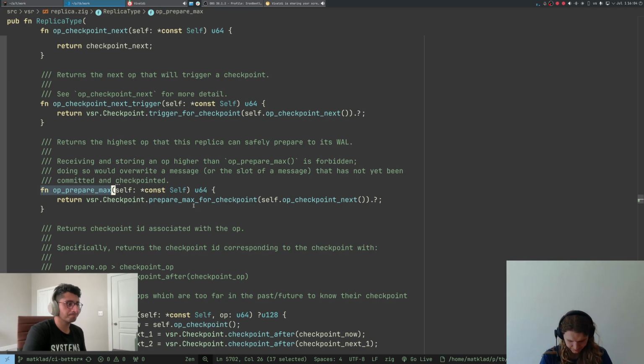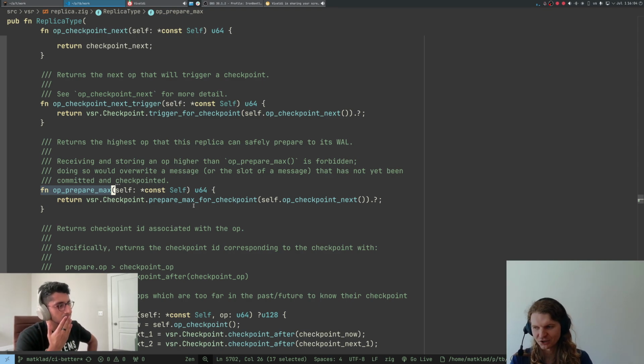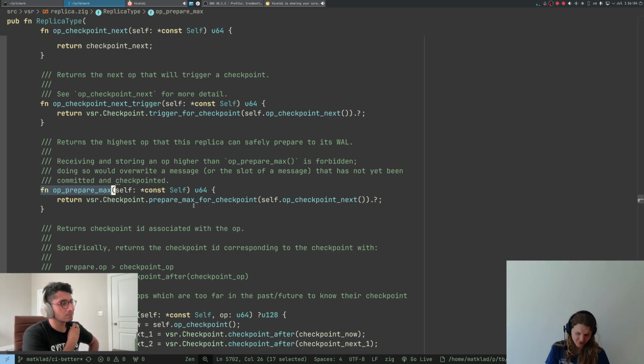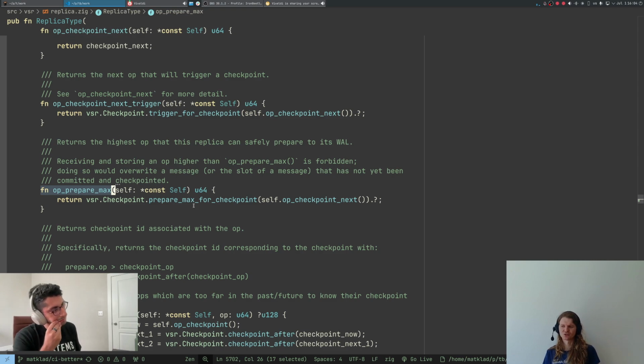Now, another question: how do we know about this issue? This issue was found by the VOPR. It was found on my super long branch about the new sync protocol. So we don't have a seed which reproduces it on the main branch, and maybe it would make sense to write a replica test here.